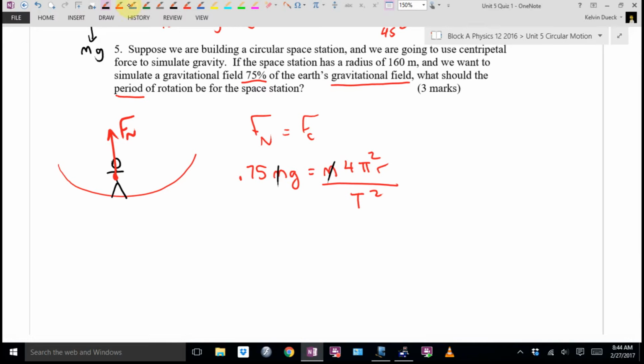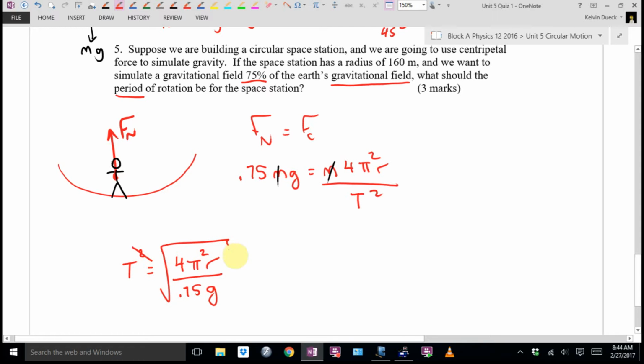To get the T by itself, T squared is going to be 4 pi squared r all over 0.75 g. How do I get rid of a squared? Square root.